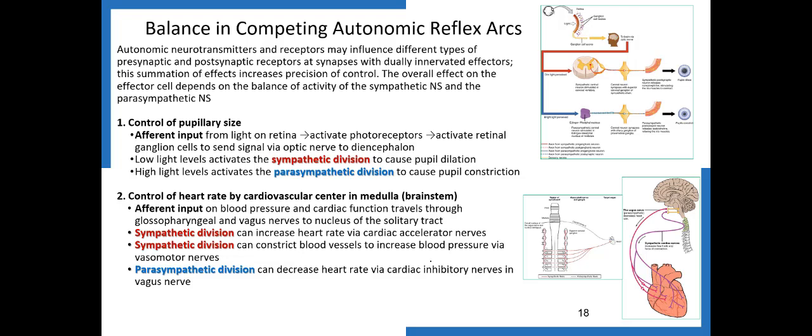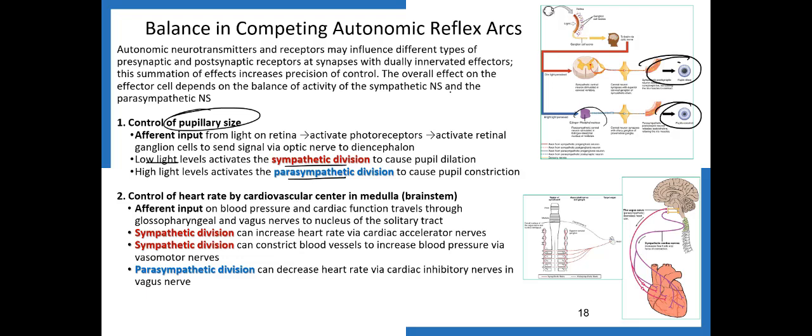So again, there is balance in competing autonomic reflex arcs. So you've got here two other examples. So control of the size of the pupils of your eyes. In low light, the sympathetic nervous system is activated to cause pupil dilation, whereas in bright light, it activates the parasympathetic nervous system to cause the pupils to constrict.